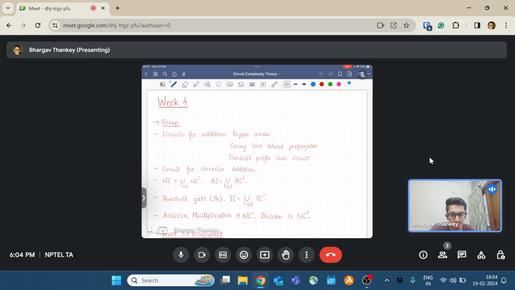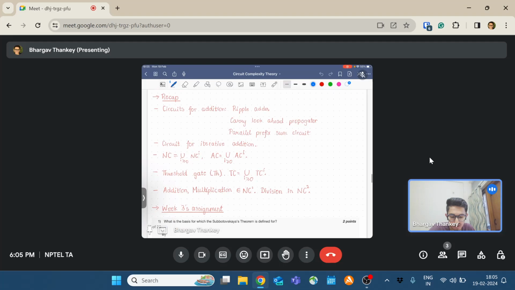Then we saw a slightly more efficient circuit as far as carries are concerned, called the carry-lookahead propagator. And then we saw an optimal circuit using the parallel prefix sum idea. And then we also saw a circuit for iterative addition. So in the iterative addition problem, instead of just adding two numbers, we are supposed to add m numbers, right? And then we also saw a very optimal circuit for this problem.